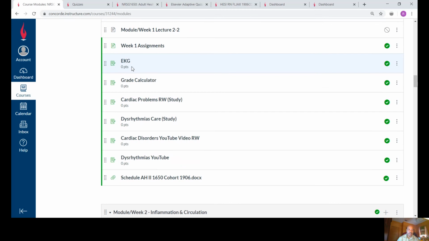There's a link for EKG, so that you can look at some of the common EKGs, and it provides a lot of information for you to see and consider. Also, I provided a grading calculator. If you click on this one, you can enter your grades and more or less keep up with them. Of course, since we're online, it might be easier for you to keep up with it anyway. So this might be irrelevant.